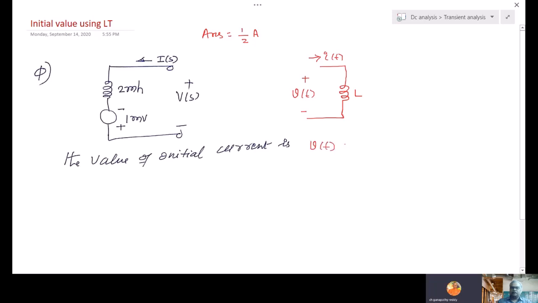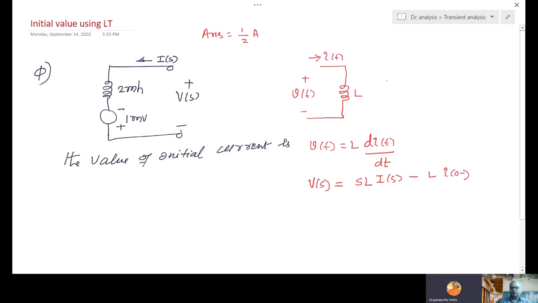V of t is equal to L into di by dt. So we know this formula. Apply Laplace transform. V of s equal to SL I of s minus L i0 minus. This is in S domain.